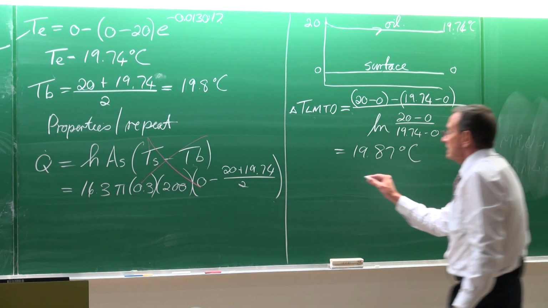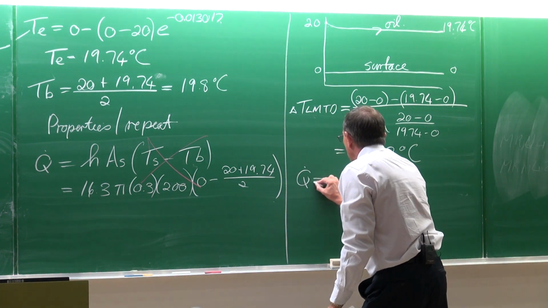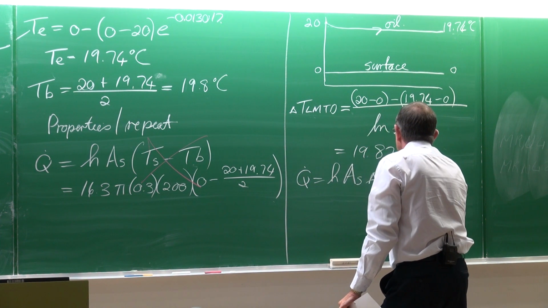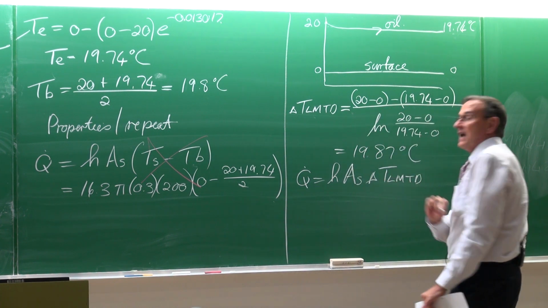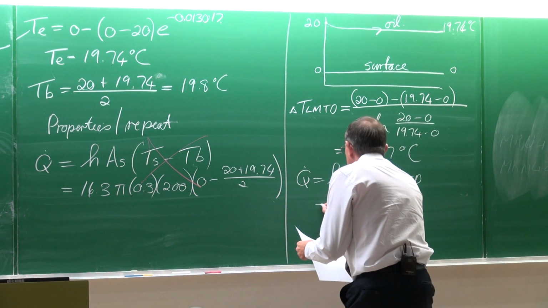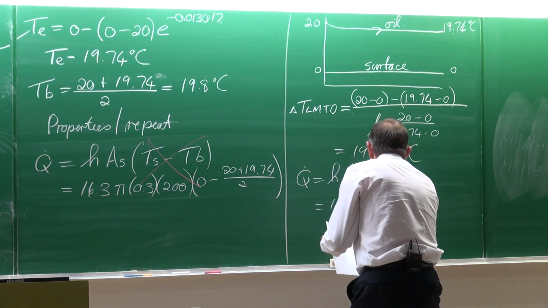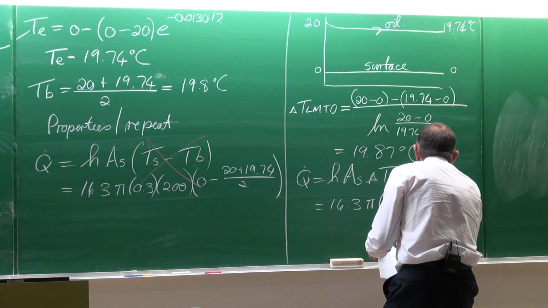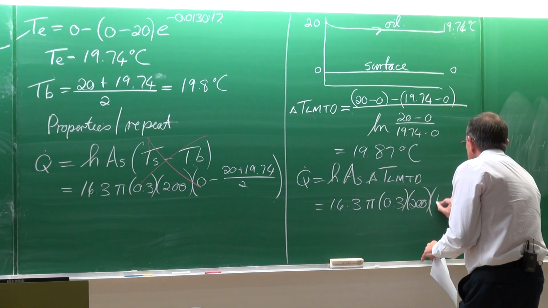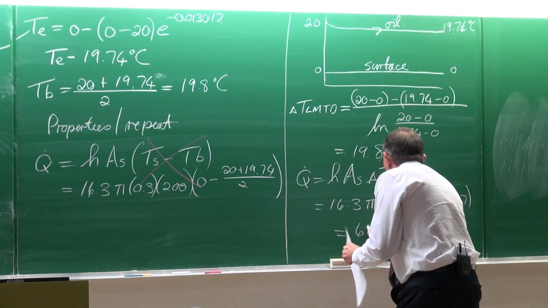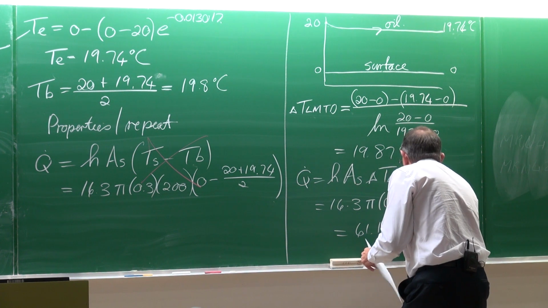Now, calculating the heat transfer rate is equal to the heat transfer coefficient multiplied by the surface area multiplied by LMTD. The heat transfer coefficient is equal to 16.3. The surface area is pi multiplied by 0.3 multiplied by 200. LMTD is 19.87, and that is equal to 61.1 kilowatts.